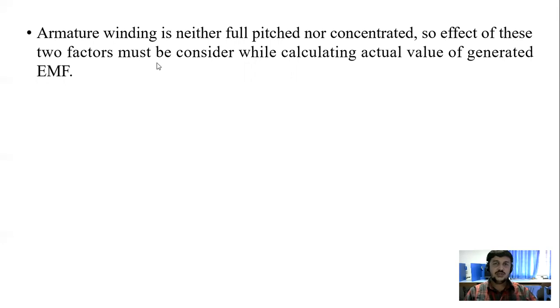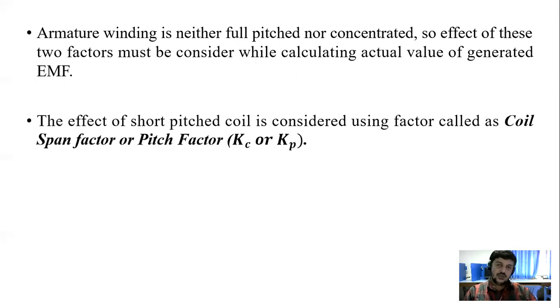So these two factors decrease the magnitude of induced EMF inside the armature from its ideal value, and we have to consider these two effects while calculating the actual value of generated EMF.